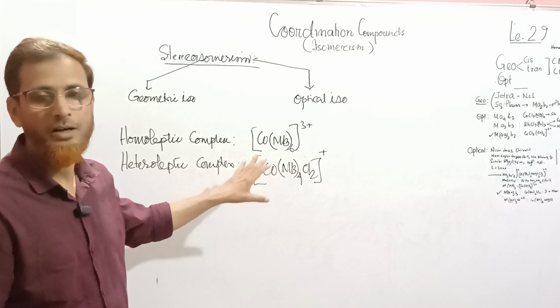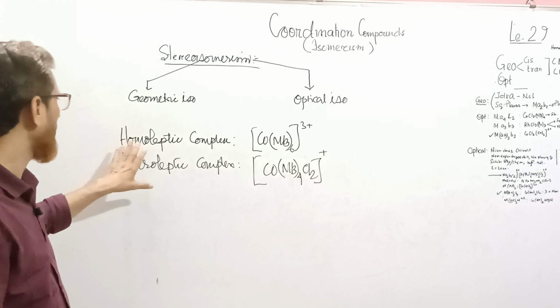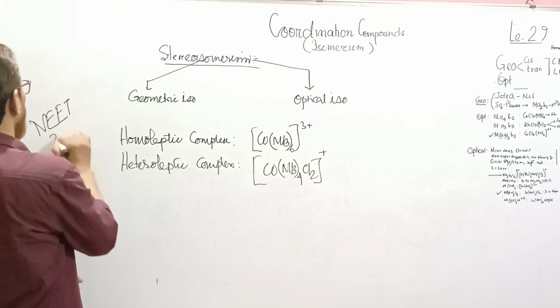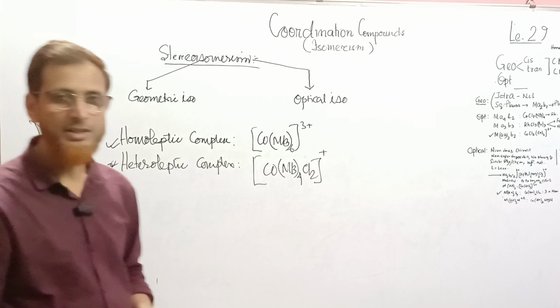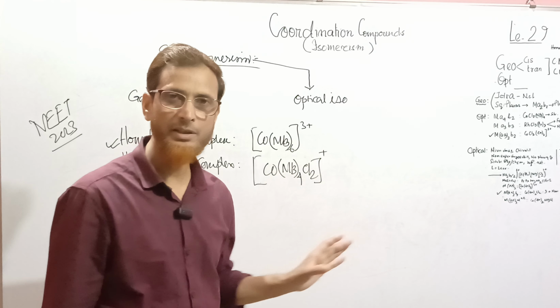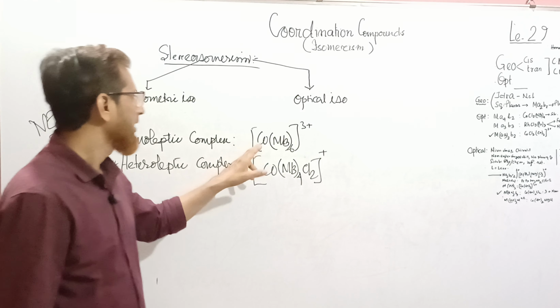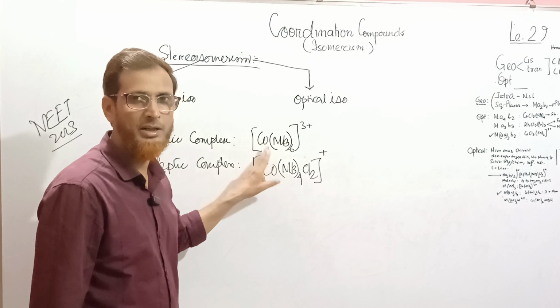I have given you the two structures of two complexes. One is a homoleptic complex. This time in NEET 2023 a question was asked: which one of the following is a homoleptic complex? Very simple. Homoleptic complex is where the central metal ion is surrounded by the same type of ligand.